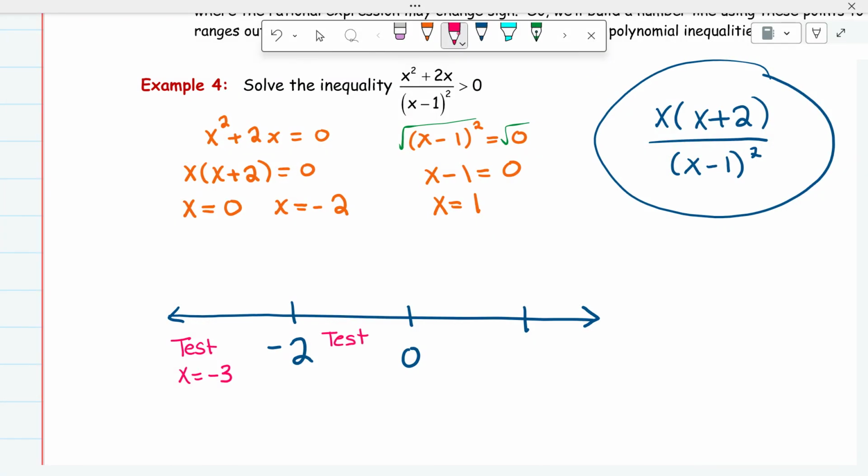Whatever, x equals -1, and 1. And remember, you can pick whatever numbers you want. I just like picking nice numbers close to my critical values.